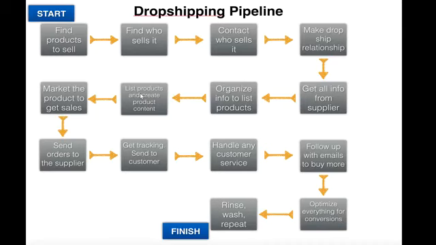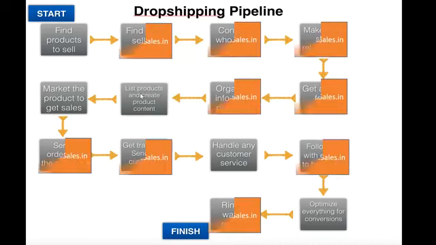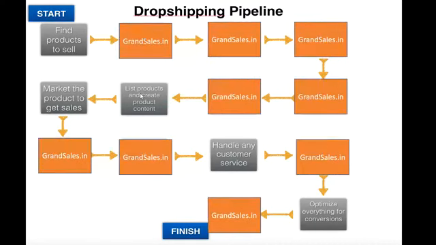But when using an automated tool such as Grand Sales India, you see that the automated system is dealing with most of the things. You need to choose what to sell, that's right. But the system will identify the items that you wanted to sell, and will help you list them. And when you're creating the listings, the system will help you create the listings.